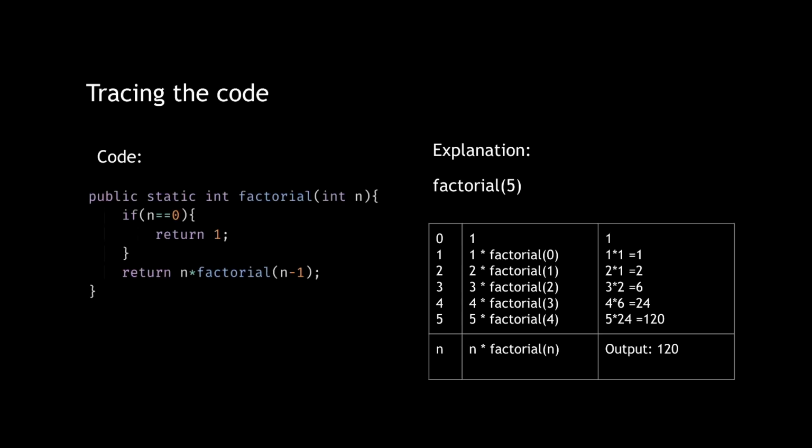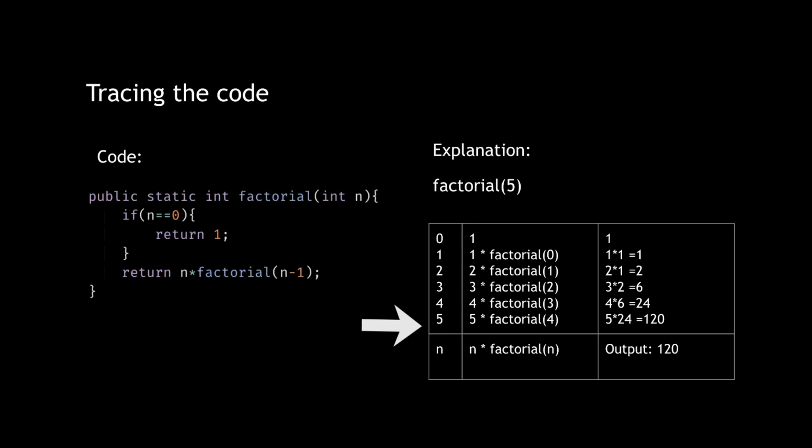First, when we pass in 5 as a parameter, it will check the if statement of n equals 0. Since n is 5, not 0, it will return n times factorial(n minus 1), which is 5 times factorial(4).